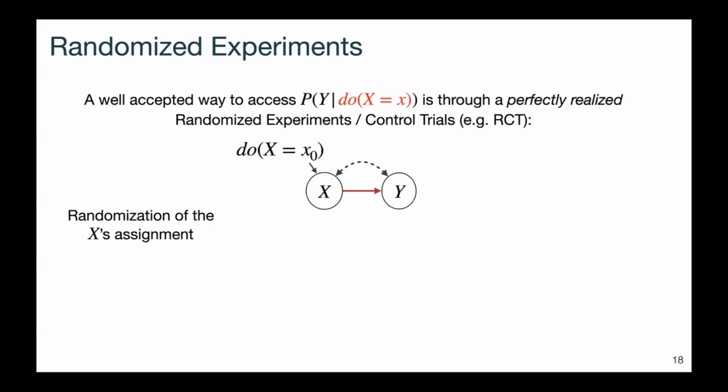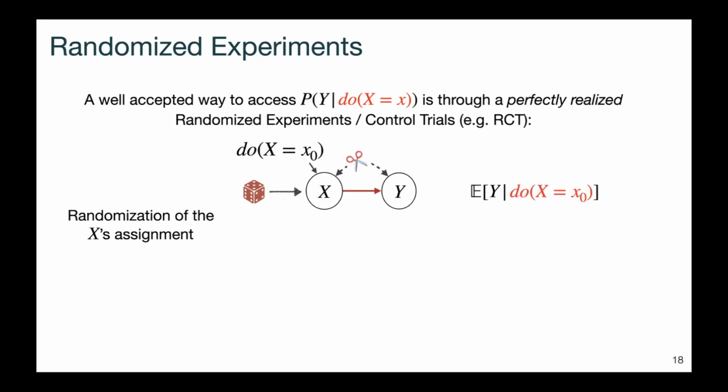So you have two graphs. The first one is receiving, for example, a placebo or X0 in this case. And this randomization basically cuts because you are controlling all the confounding and also randomizing the treatment. So it's cutting all, or minimizing the influence of all these confounders. So that's a kind of interpretation of randomized experiments.